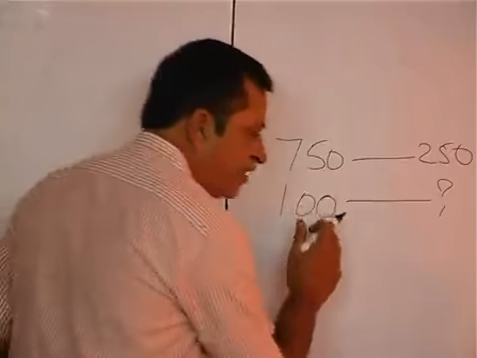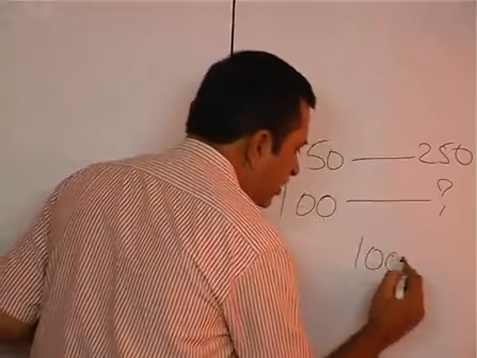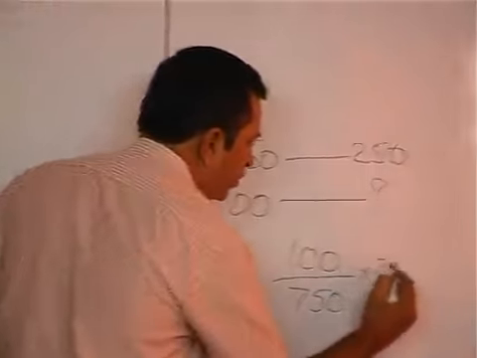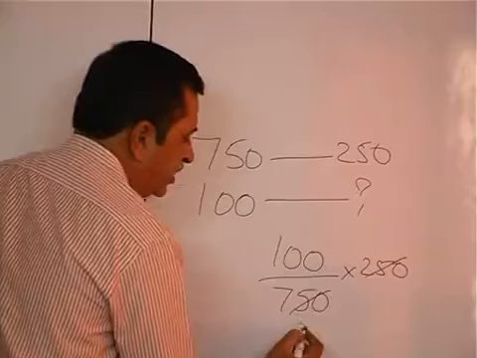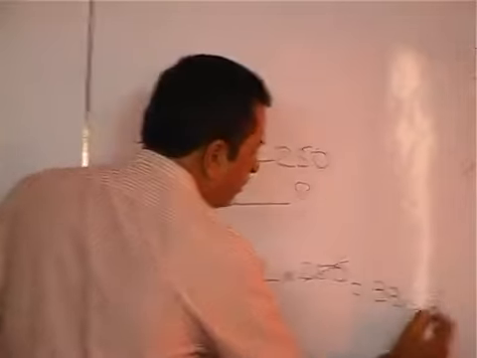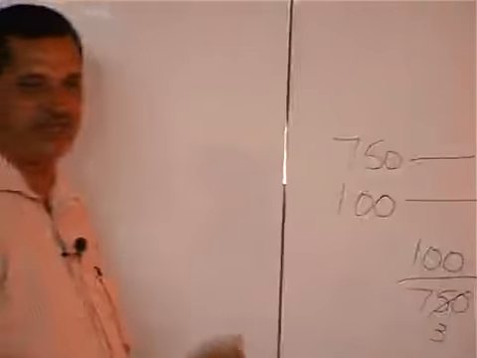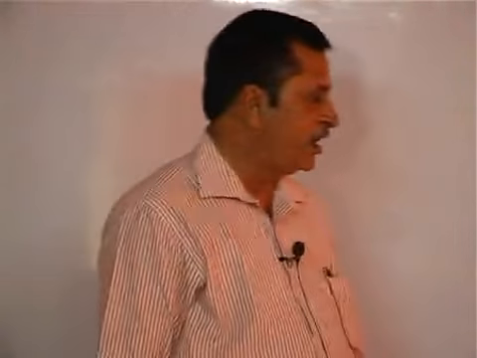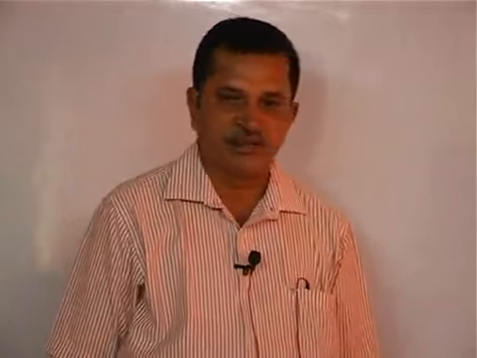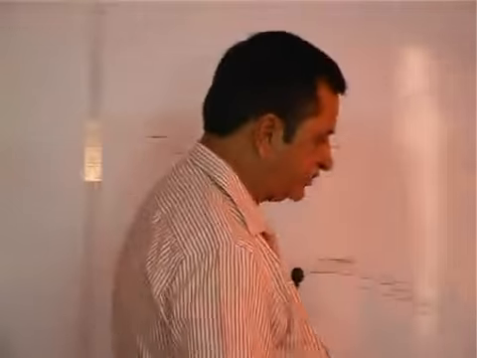Compared with 750, the value of 100 will be less. Less by more into 250. 250 by 7.5 is 100 by 3, that is 33 1/3%. Clear? Next.